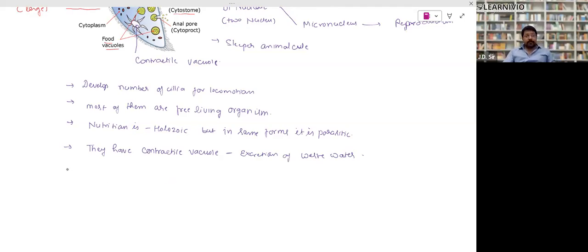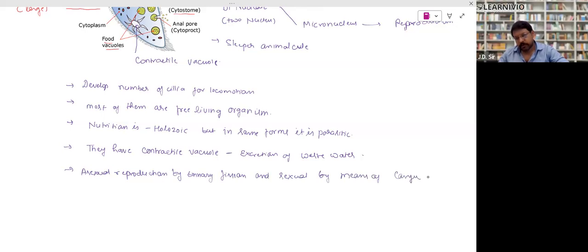So that is their asexual reproduction by binary fission, and sexual by means of conjugation.